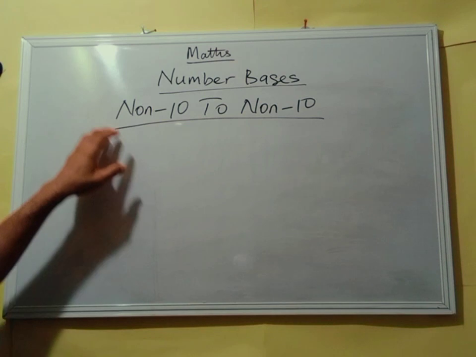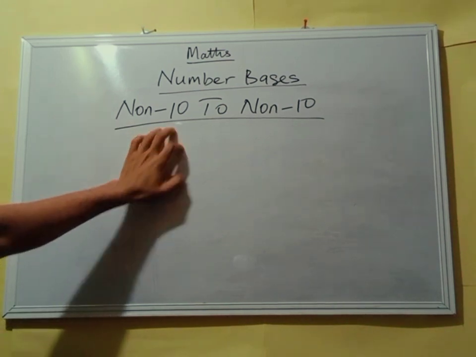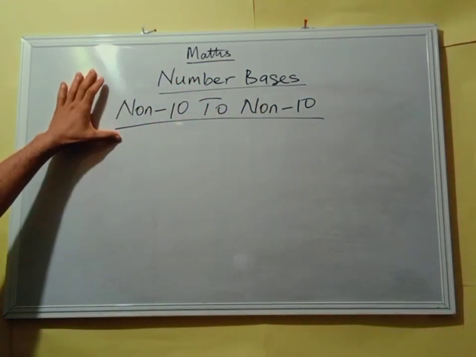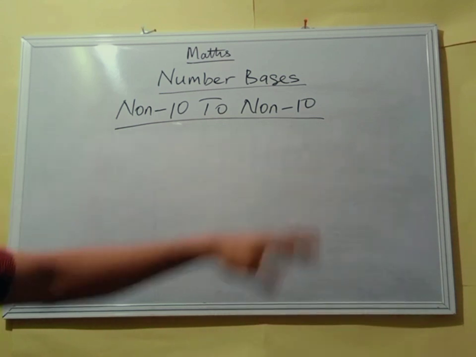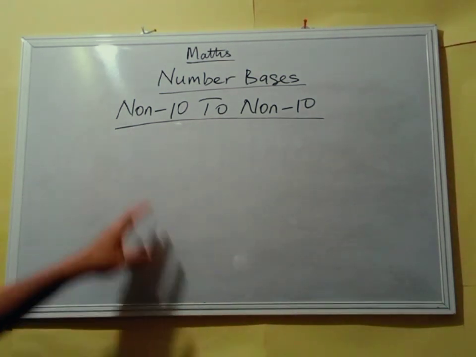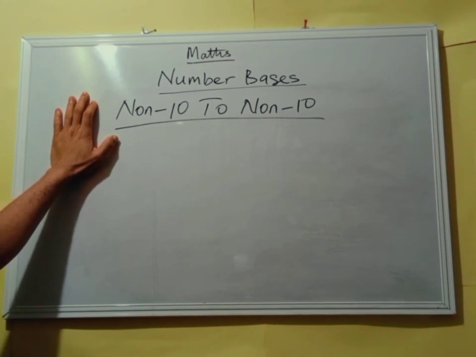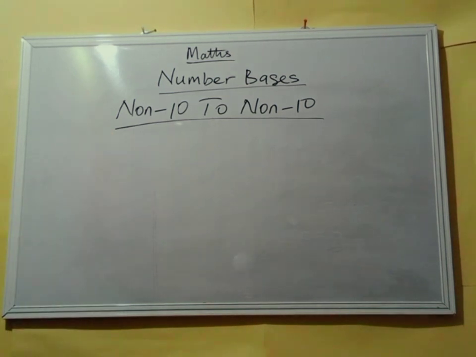Alright, in this other subheading we are looking at how to convert a number that is in a non-base 10 number to another non-base 10 number. That is, a number that is not in base 10 to another number that is not in base 10. So this is where I'm going to apply what I told us, that base 10 is called the central base. Whenever you are converting from a non-base 10 to another non-base 10 number, you have to pass through base 10.